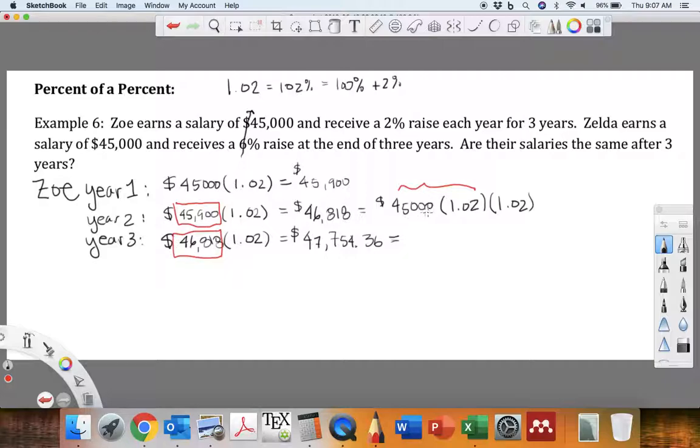But remember, the 46,818 is, I'm going to use a different color, that number. And if you don't believe it, stop and verify it with a calculator. Take this number I've circled here, and you will get that number.